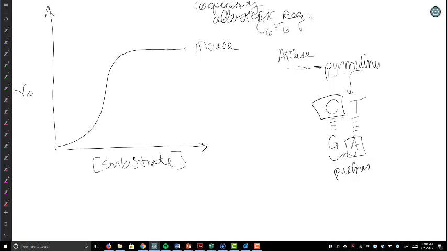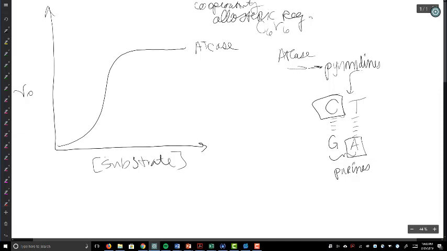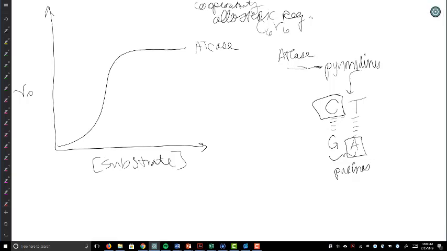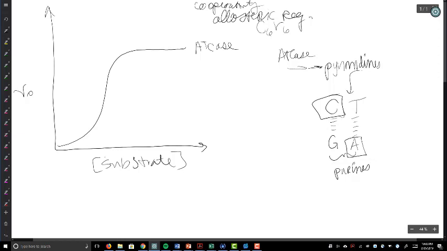So again, when we have ATCase on its own, we see this curve. However, if there's an excessive amount of CTP hanging out in the cell, which indicates that there is an excess of pyrimidines in the cell, we don't want ATCase to make more pyrimidines because there are already more than enough to base pair with the corresponding purines.